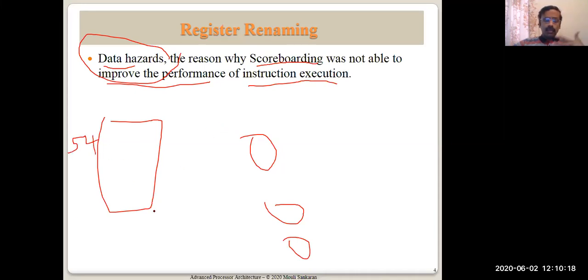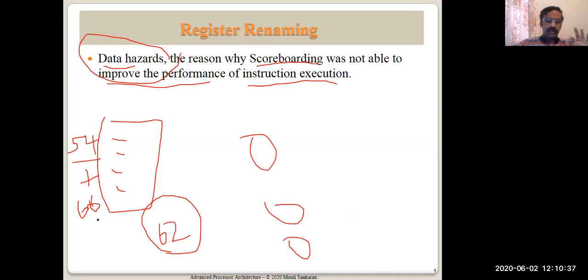And because of superscalar, we took around 62 cycles to execute all the instructions. This 54 plus some other cycles, if you add it, will be equal to 66. Okay, totally these instructions would have taken 66 cycles if they had gone through sequential execution. But by superscalar, we are executing them in parallel, but still we only saved 4 cycles at the end of the day.